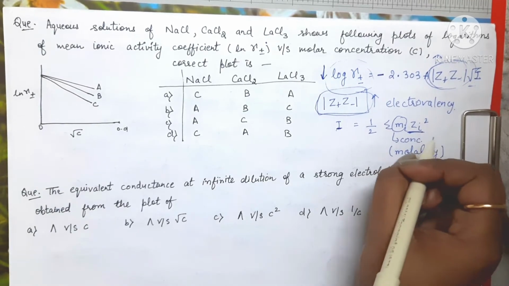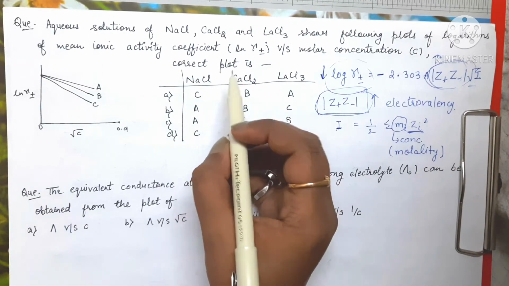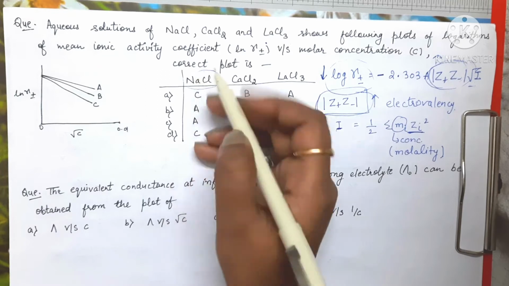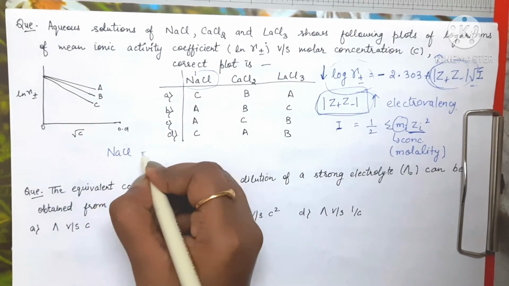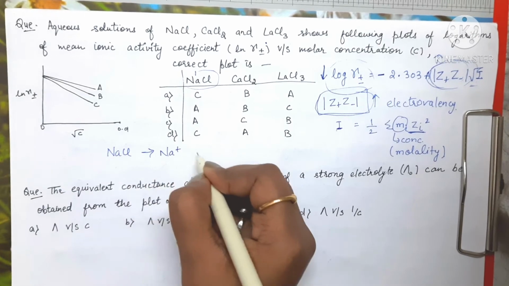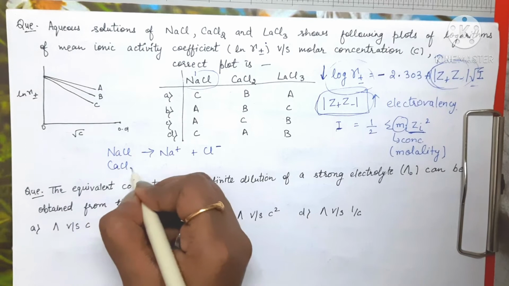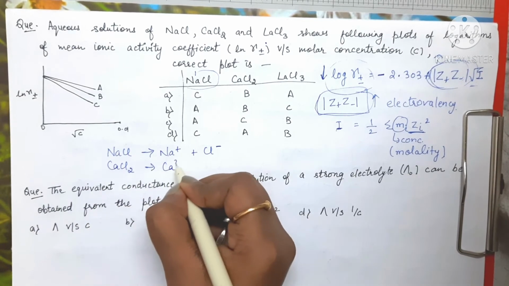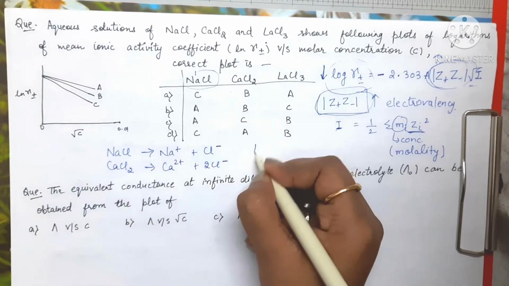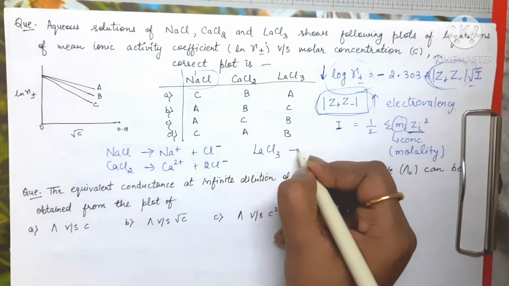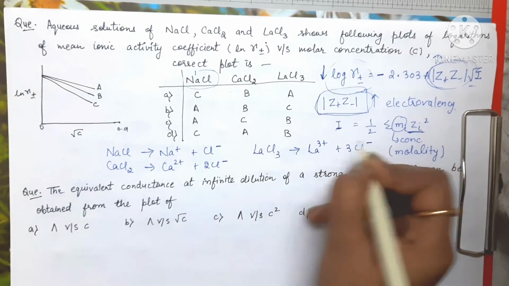If we look at the Z values, if I dissociate NaCl, it will be Na positive and Cl negative. For CaCl2, it will be Ca 2 positive plus 2 Cl negative, and for LaCl3 it will be La 3 positive plus 3 Cl negative.